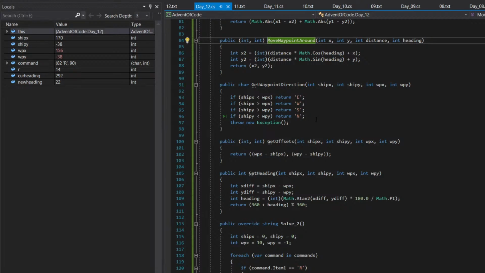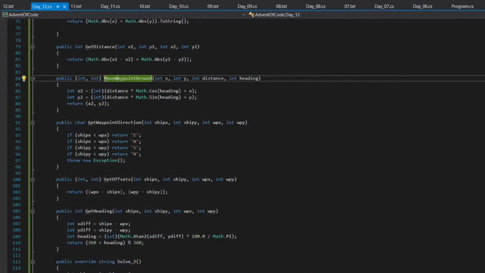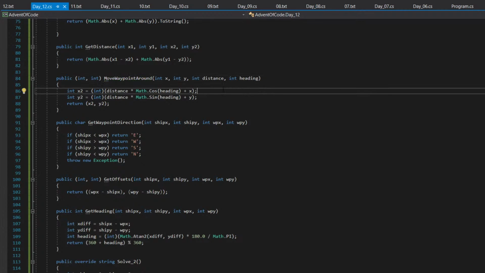So 22 degrees is east, southeast. Which, yeah, should have been greater than 170. So the heading looks correct. The move waypoint around function does not look correct. Radius times cosine of heading plus the ship position.